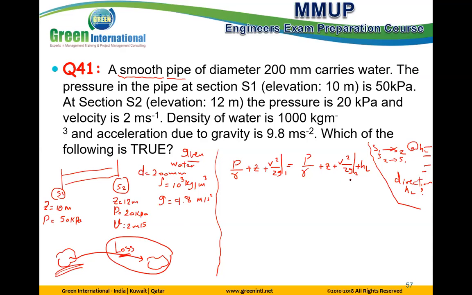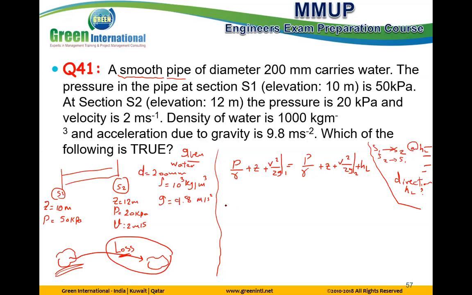So I put H losses with state 2, which I guess is the final state. If H losses at the end comes out as a positive value, it means you are correct in what you expect. But if the losses come out as a negative value, it means the direction should be the other way, from 2 to 1. Is this clear? Yeah. Let's start.